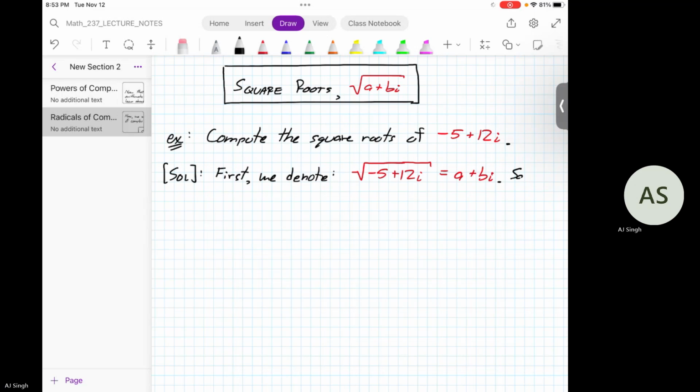So squaring both sides yields, what does it yield? Let's see.